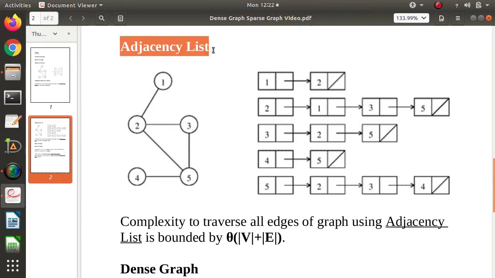Now see, suppose we want to parallelize an algorithm that works on a sparse graph, and the sparse graph is shown by the adjacency list. How can it be parallelized?